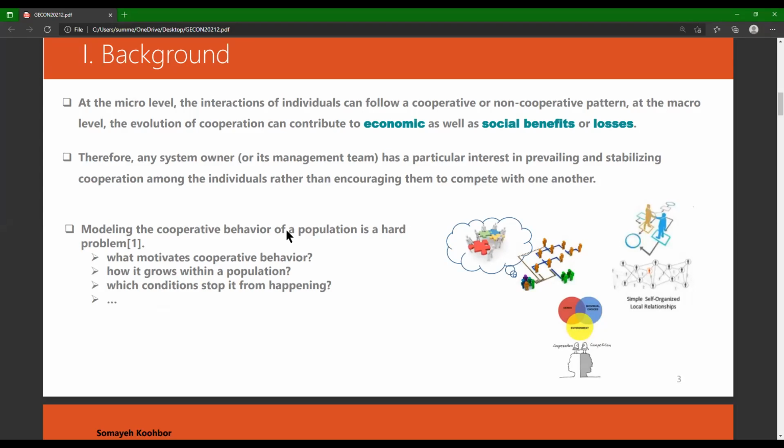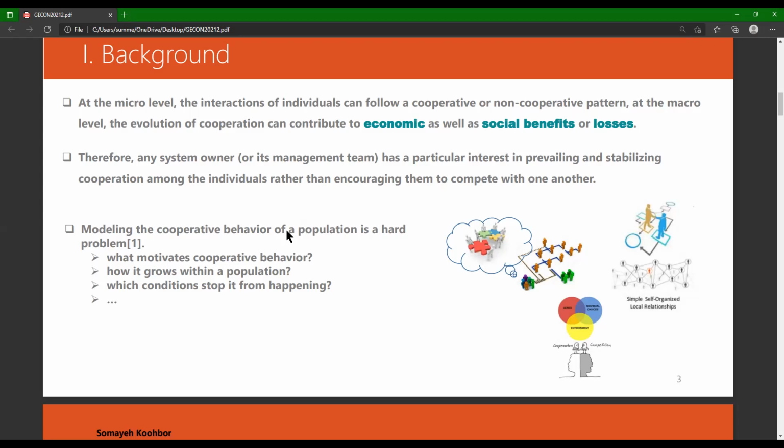I think at the micro level, it is obvious that when it comes to cooperating with each other, people can follow a cooperative or non-cooperative behavior, because of the options of choice that they have. So we cannot force them to always show a cooperative behavior with each other.